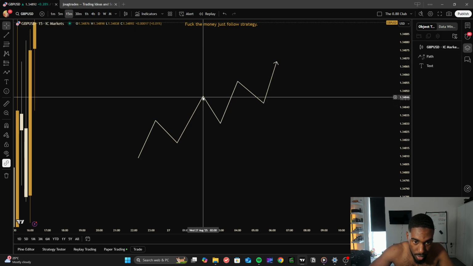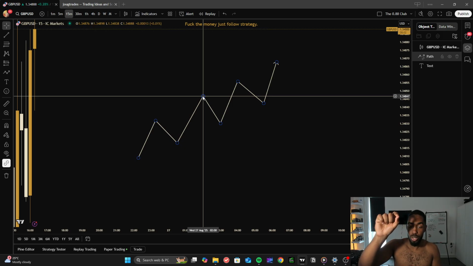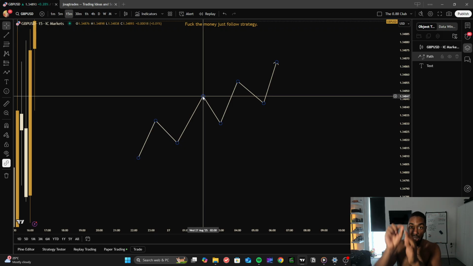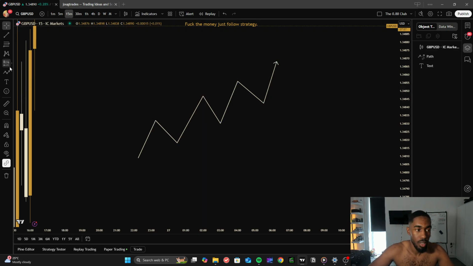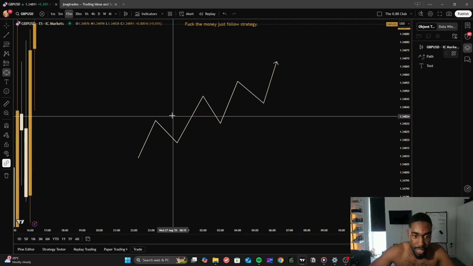This move is called an extension. It's common sense, bro. It's extending. And then the smaller move that goes down is called a retracement. We're retracing.